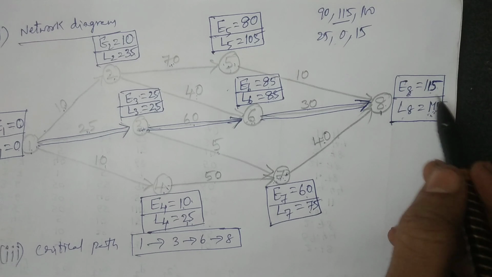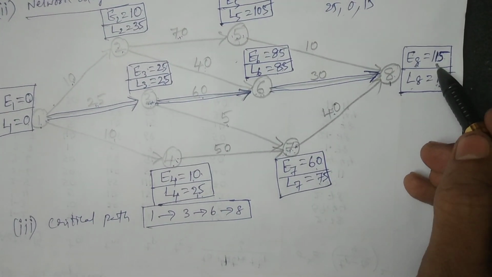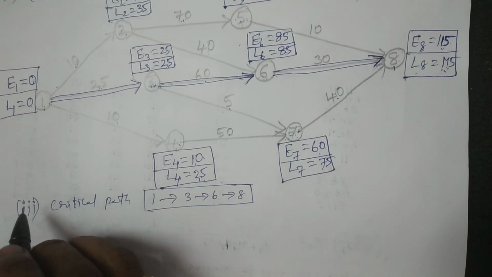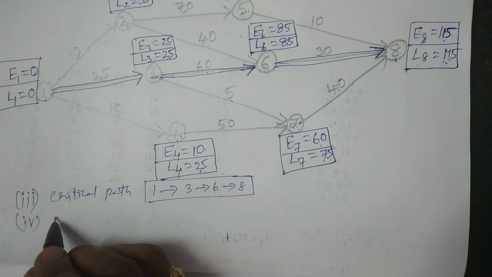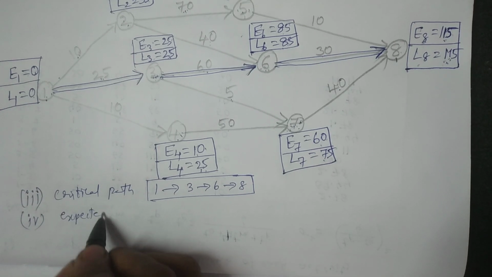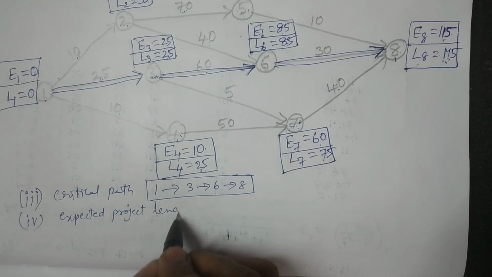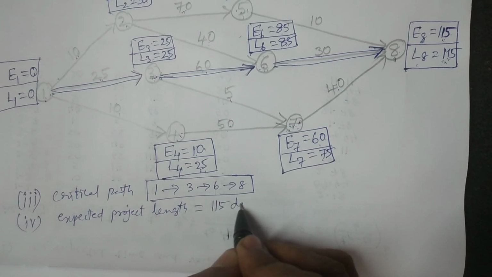At the last event E and L are equal, that is our assumption. So this is 115 days, in terms of days, that is the project length. The expected project length is a time duration of 115 days.